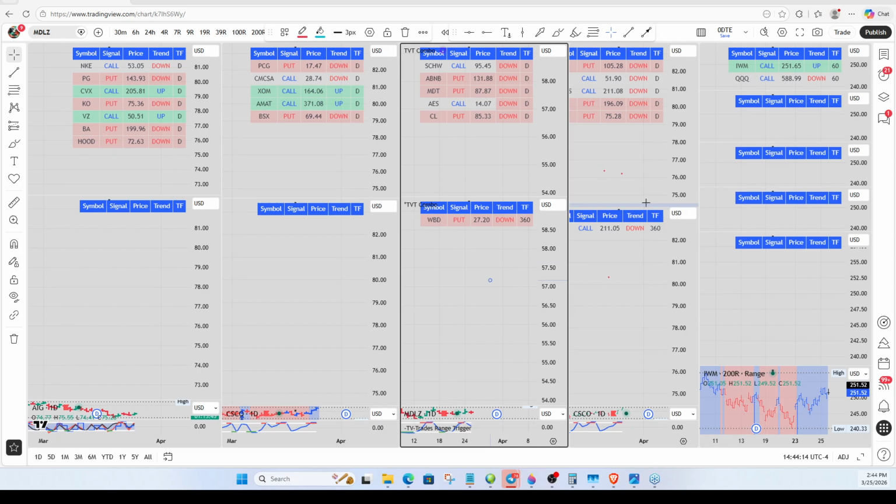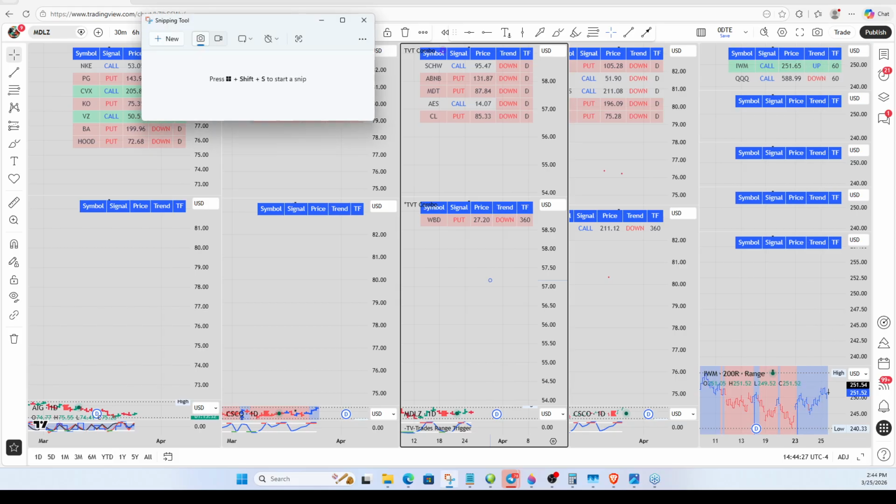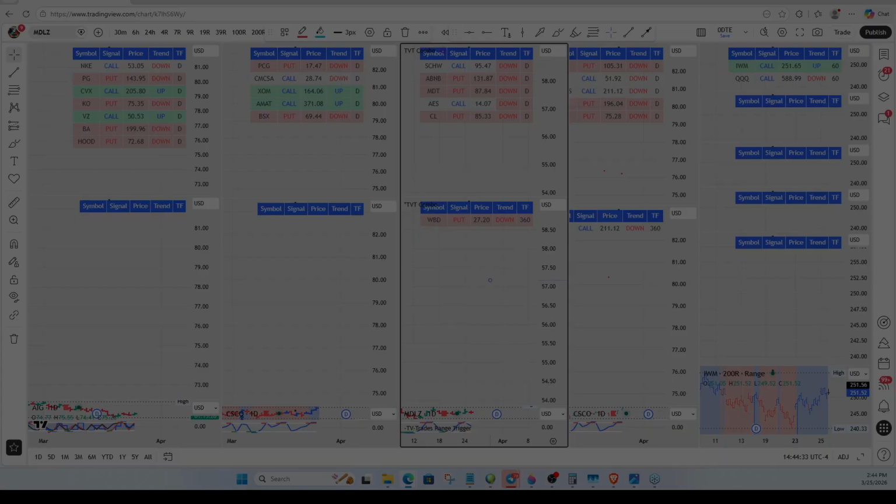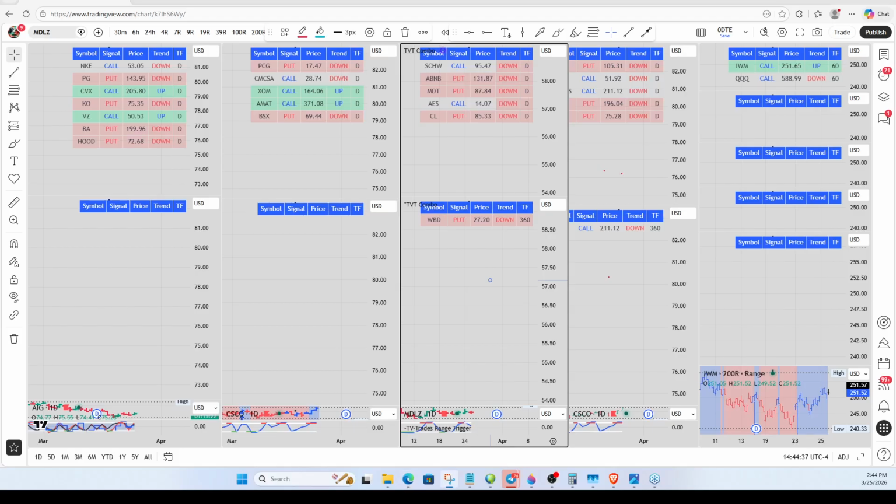Monday, Tuesday, Wednesday, we are buying this Friday's option expiration. So far this week, we're buying the 27th expiration. Let me just make a screenshot of that, and I will show it to you.